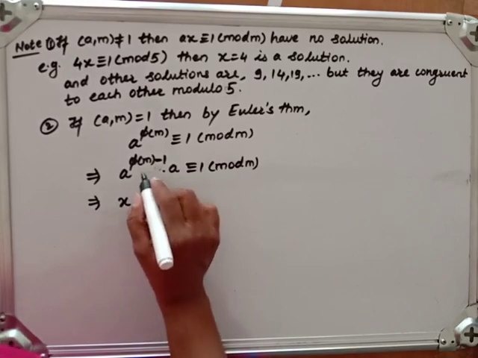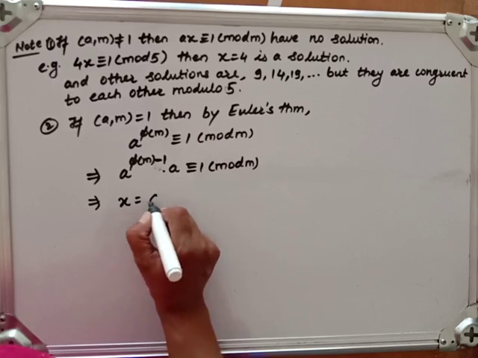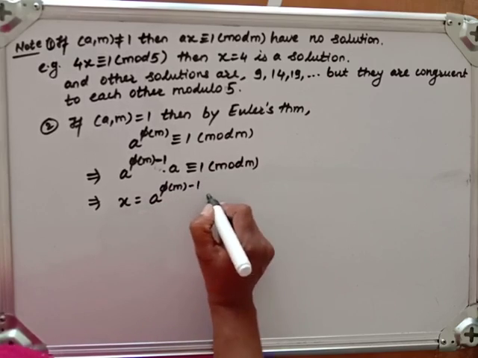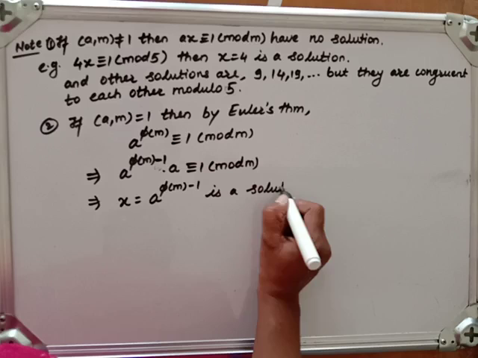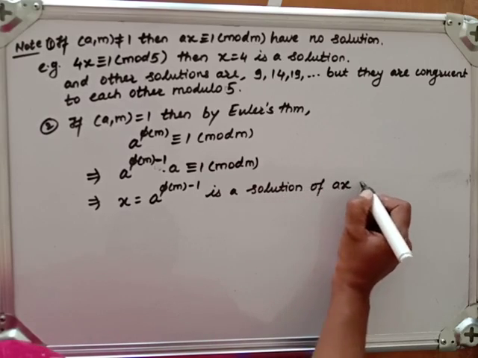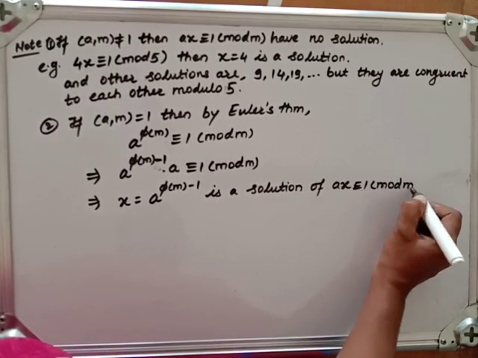If we compare with Ax congruent to 1 modulo m, then x equal to A raised to phi of m minus 1 is a solution of Ax congruent to 1 modulo m.